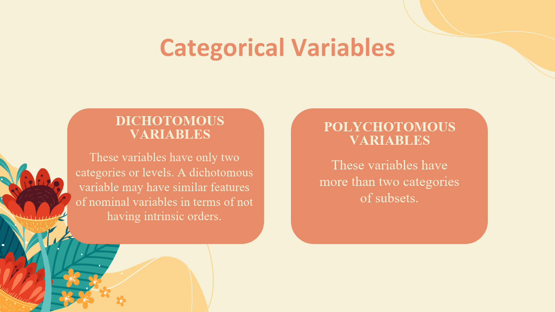An example is gender. The categories are likely to be male and female. Another example is a variable like category of staff, whose subsets could be senior staff and junior staff.